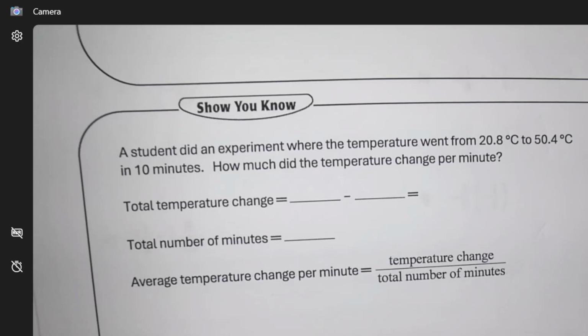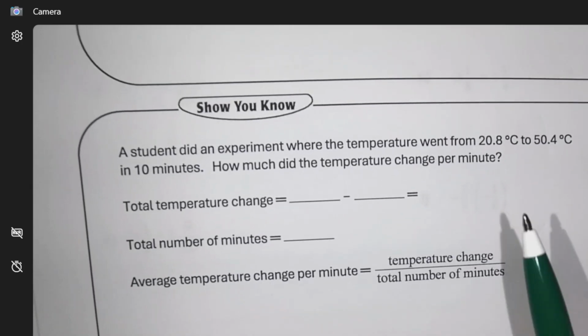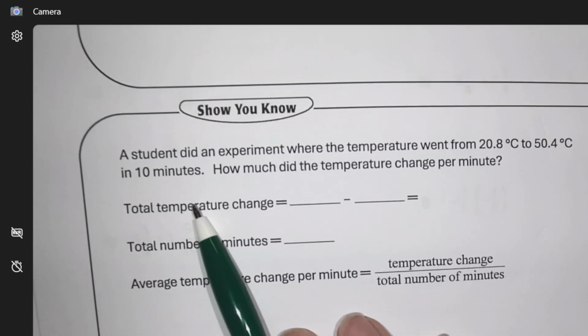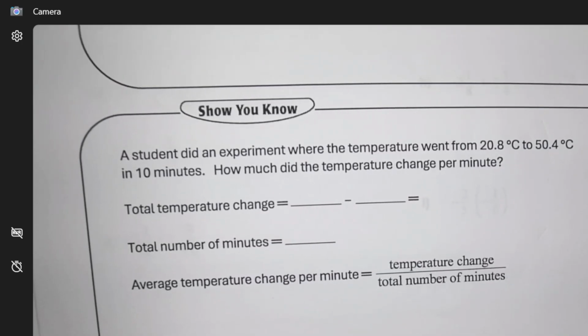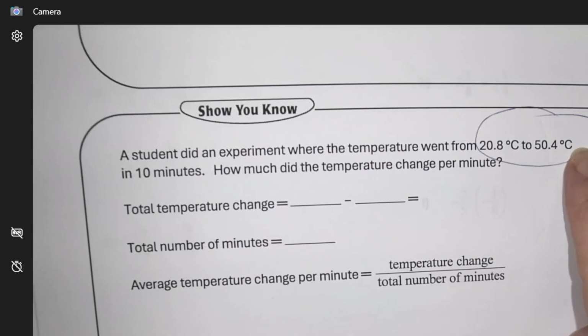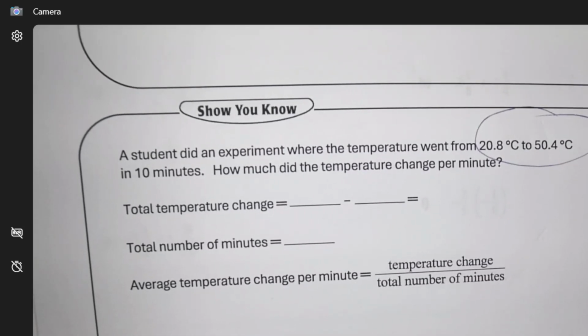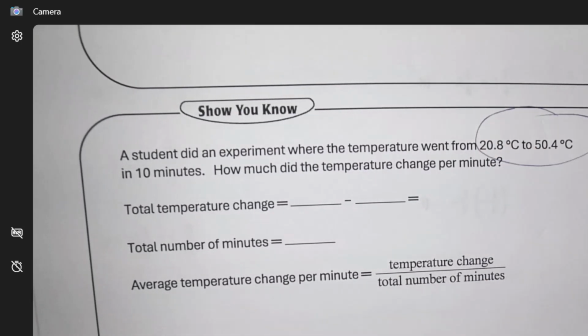Okay, a student did an experiment. The temperature went from this to this in 10 minutes. So how much did the temperature change per minute? Okay, so first and foremost, we have to figure out how much the temperature changed. So what do you want to do with those numbers? You've got your add, subtract, multiply, divide.